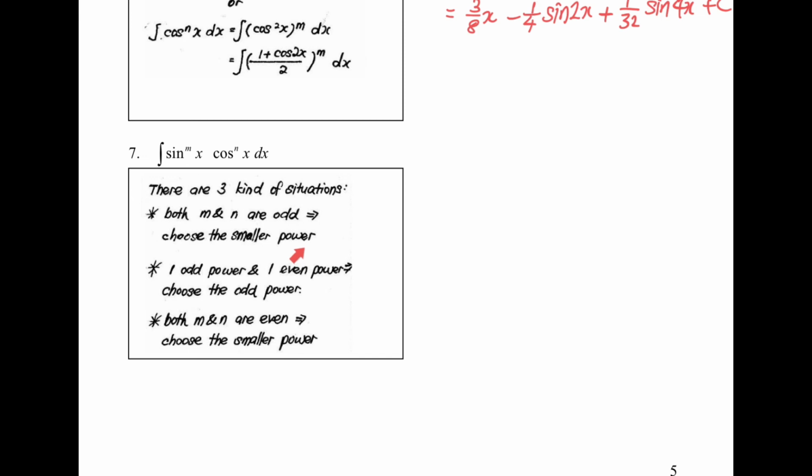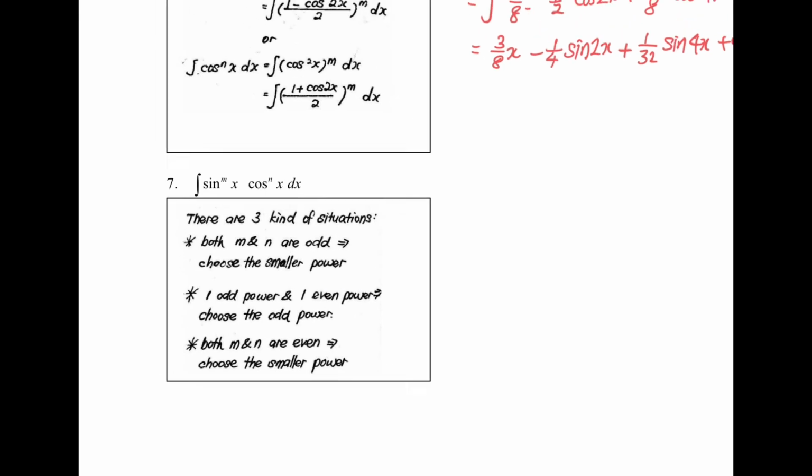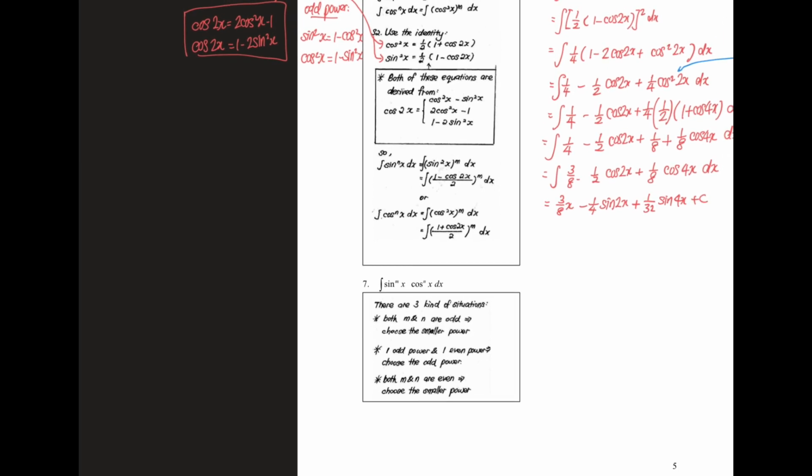Which identity am I talking about? If they are odd, remember, for odd power, we apply this identity. If you have one odd power and one even power, choose the odd power and apply the odd power identity.